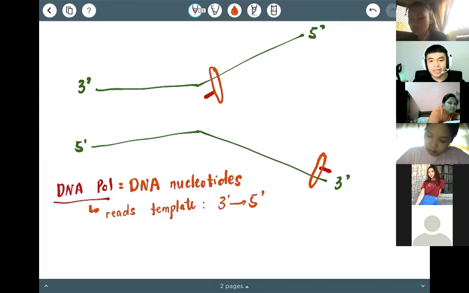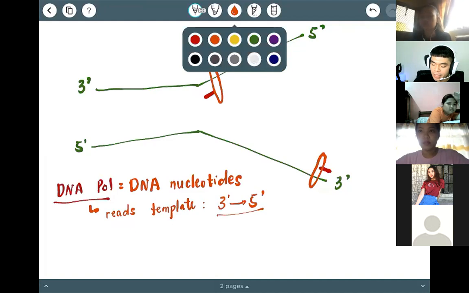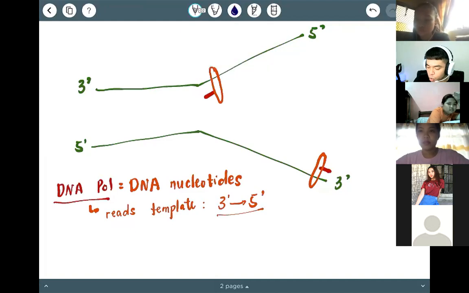Kaya nga it only says na dudugtungan niya lang yung primer. Kasi nagbabasa rin ang primase same direction. Kaya mangyayari diyan via polymerase dudugtungan na niya ng DNA nucleotides yung primer. So yan yung gagawin ng DNA polymerase.